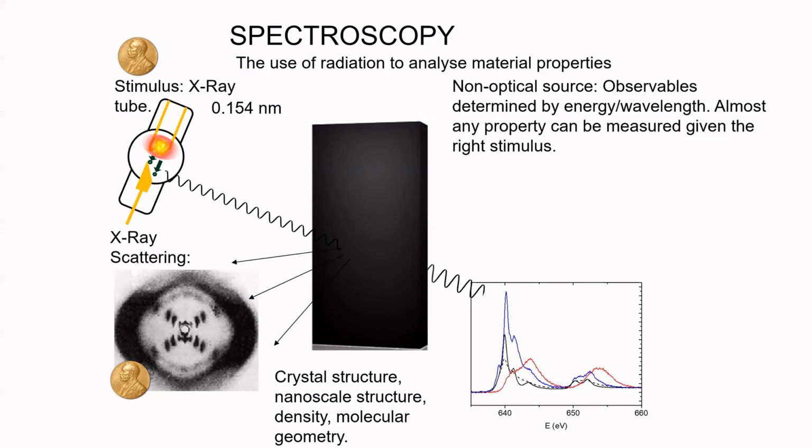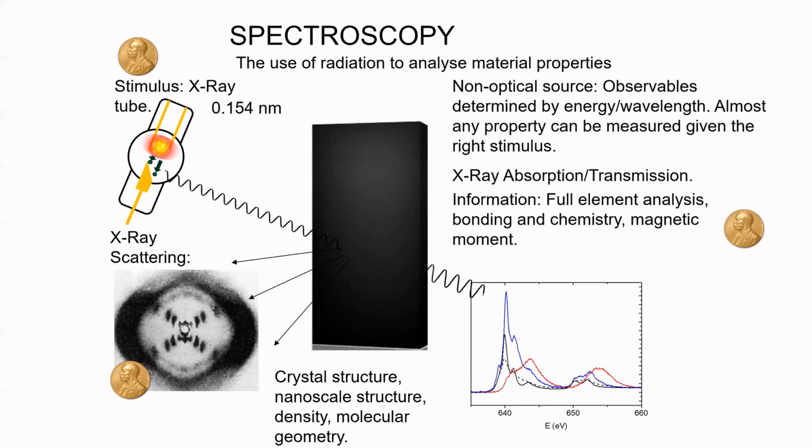If you look at the transmitted X-ray information, you can then make a spectrum of that. X-ray absorption or transmission can give you a lot of information, in particular a very complete picture of the composition in terms of the elements you've got there, and it also starts giving you information about the bonding and the chemistry of what's going on.